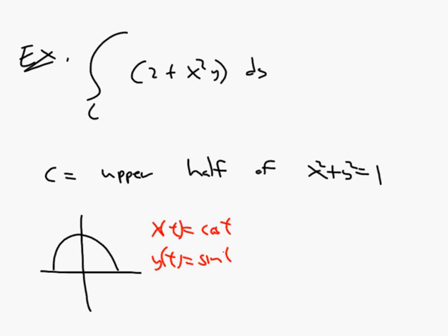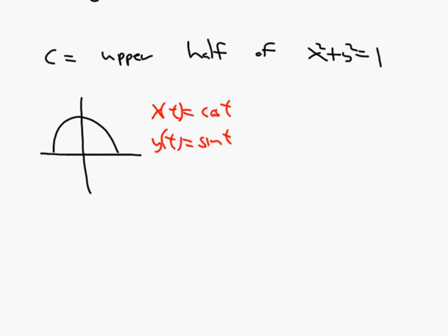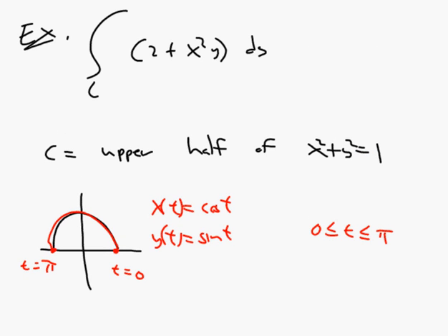And that's what we learned is the parameterization for a circle. We need to restrict t, though, between 0 and pi. The reason we're doing that is that it guarantees we only go halfway around it. This would correspond to t equals pi over here when we stop moving around the semicircle, and this would correspond to t equals 0 over here. Okay, so far so good.